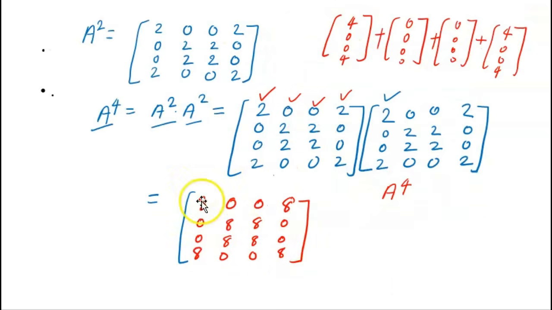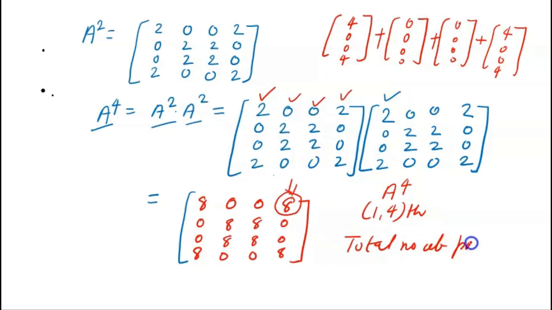Let me write it, 1/4 entry. So first row and fourth column. So this is the entry that we have got, 8. So the total number of paths of length 4 is equal to 8.